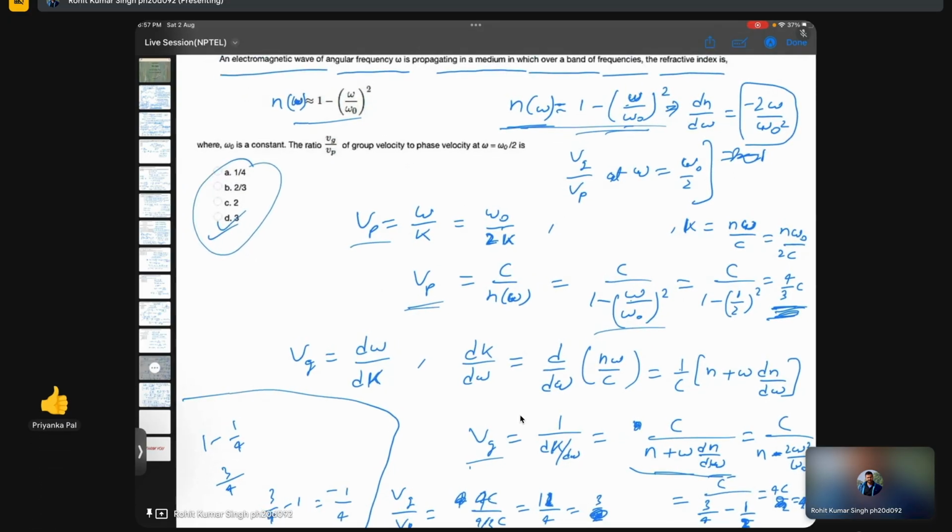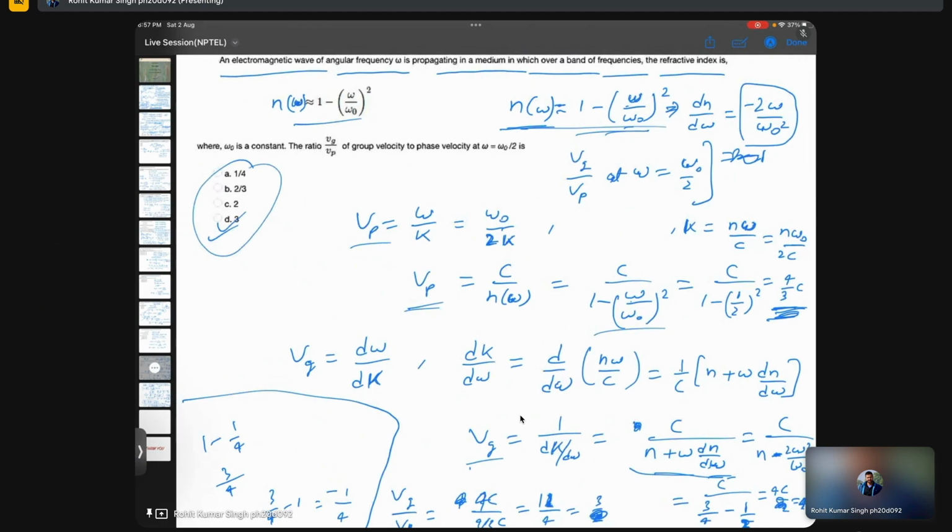So can the phase velocity exceed the speed of light? Yeah, phase velocity can exceed the speed of light. No, wait. I think it is the other way around. I think phase velocity cannot exceed the speed of light, because phase velocity is the velocity of single components of the light.